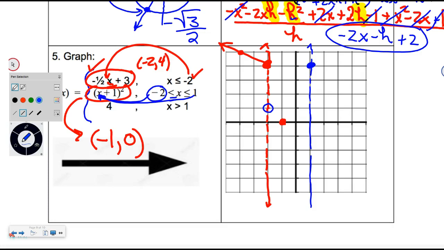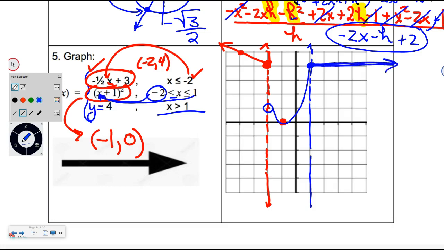That will be closed. Then I'll draw my parabola like that. So if you had an issue in the middle, explain to me why your parabola was graphed incorrectly. And then this is a horizontal line at y equals 4, everywhere to the right of 1. So it should have gone like that.